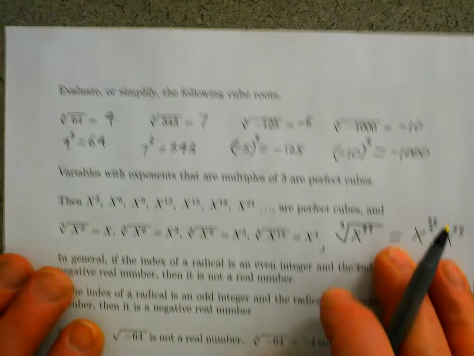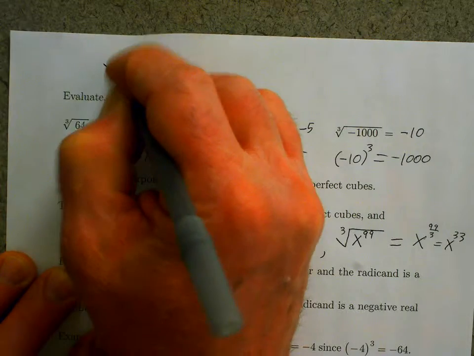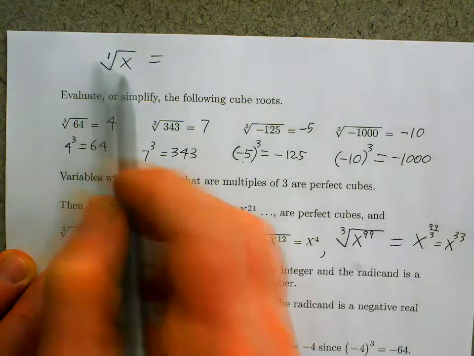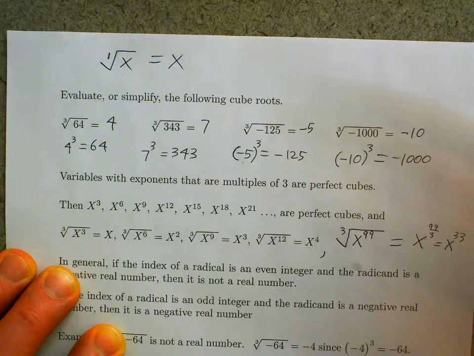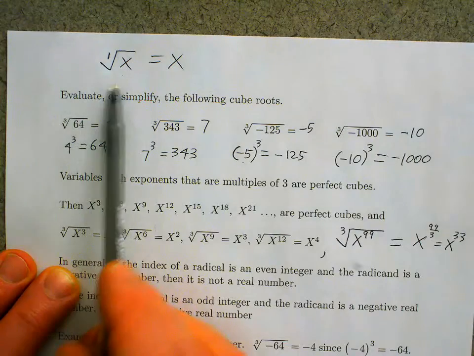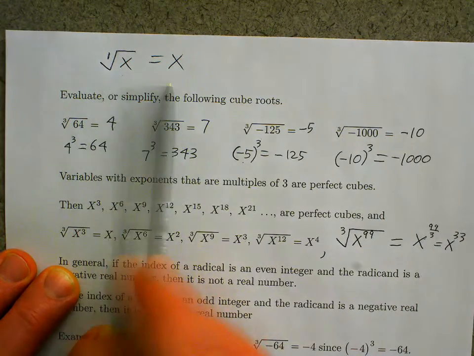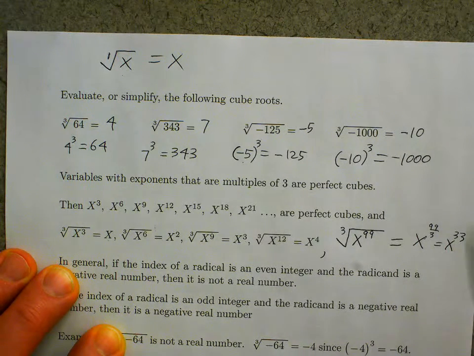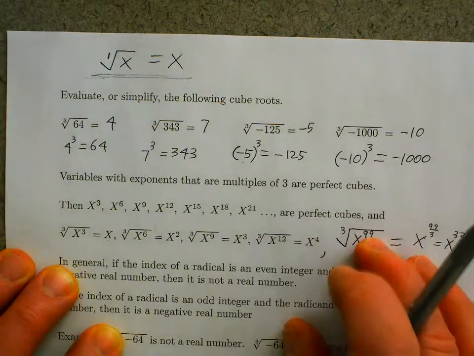I'll just say in passing, if the index of a radical is 1, it just returns whatever is inside the radical. It's like an identity radical, and since that's all it does, we don't really need to worry about radicals with index 1. So just keep that in mind, but don't worry about it.